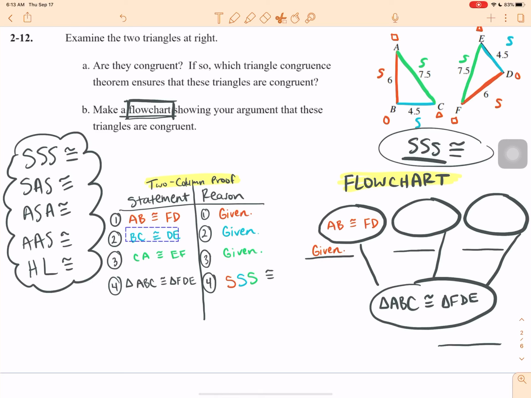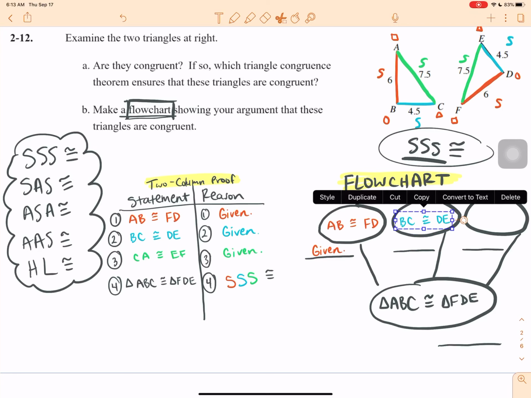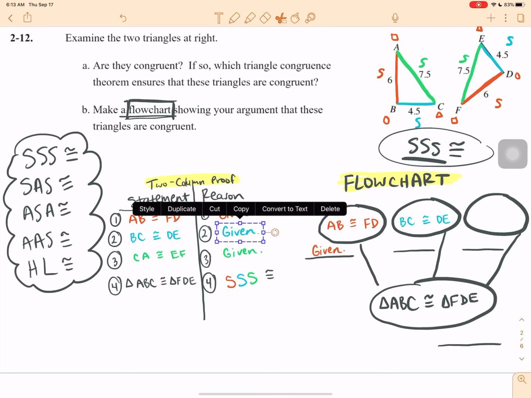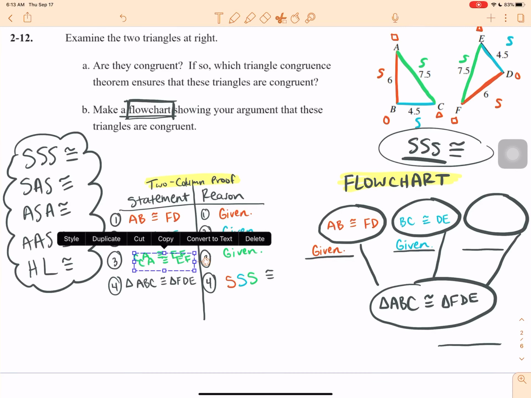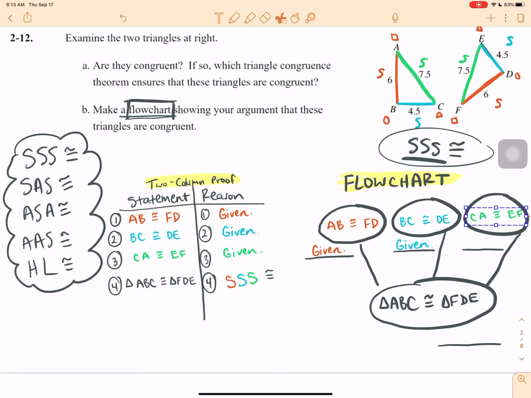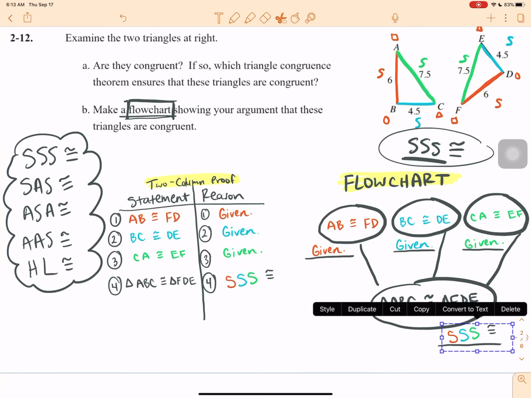And then I have my second statement, and I know those sides are congruent because they were given. Okay, and then I have my third statement, and I know those sides were congruent again because they were given to me. And we know that the 2 triangles are congruent by side, side, side congruency.